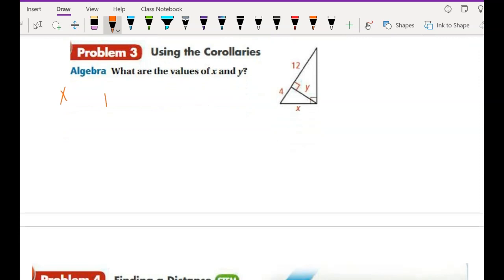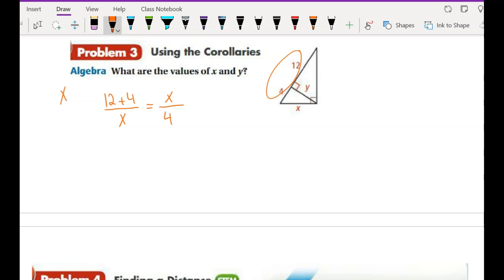So I'm going to use this, my 12 plus 4 to x is equal to x to 4. Hypotenuse to hypotenuse, and then leg of the large triangle to leg of my small triangle.